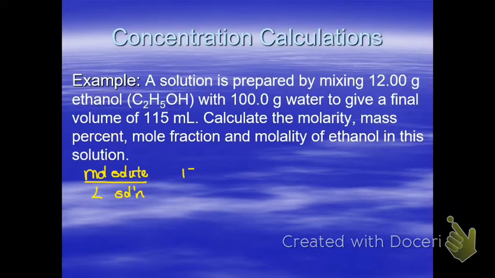I'm going to take 12 grams and convert this to moles. I'm going to use the molar mass off the periodic table, which is right around the neighborhood of 46.1.